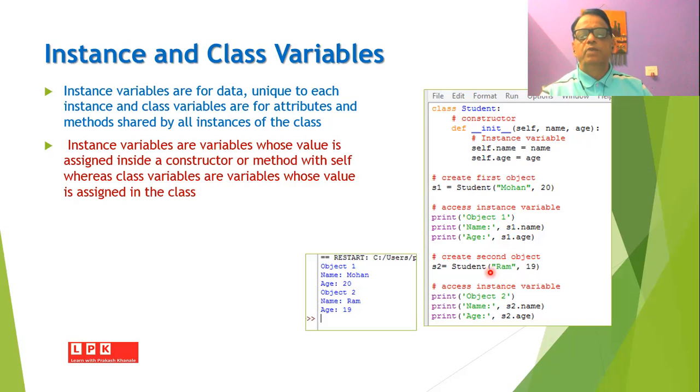I will create another object s2 = Student(Ram, 19), and there also I can access the instance variables s2.name and s2.age. When this part of the program is executed, on the screen I will get object 1 name Mohan, age 20, object 2 name Ram and age 19.